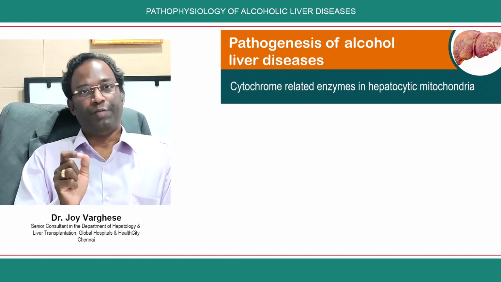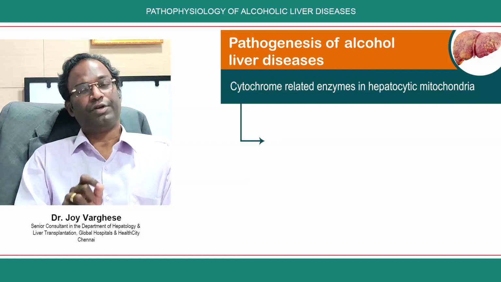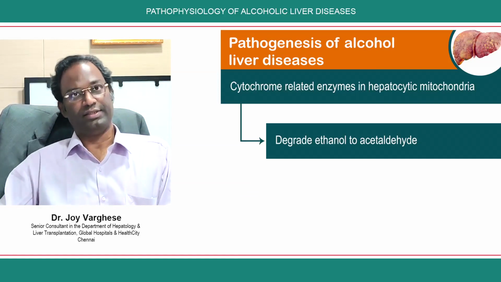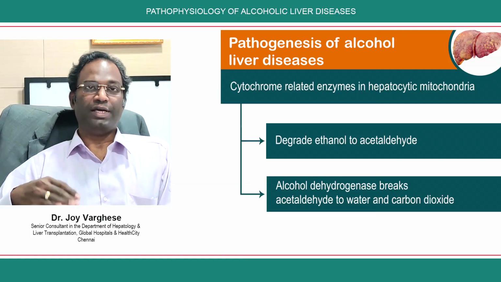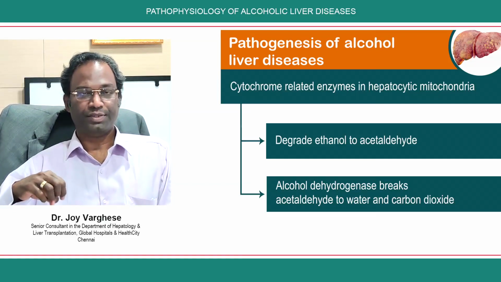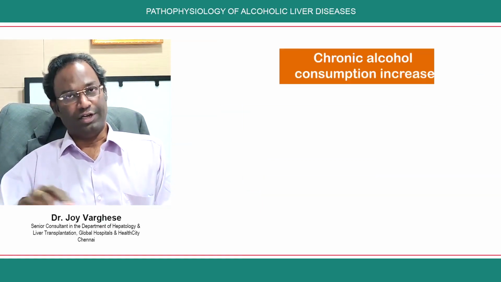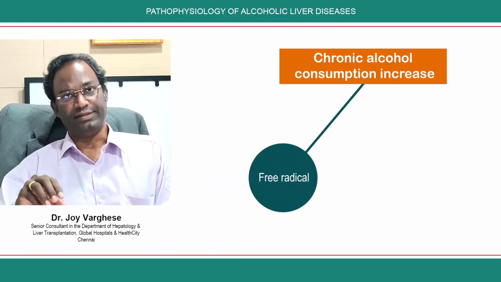Then it is taken up by the mitochondria, which are also within the cytoplasm. The mitochondria detoxify the acetaldehyde into acetate, water and carbon dioxide due to the enzyme acetaldehyde dehydrogenase. Not only the routine metabolism, alcohol also increases free radicals.